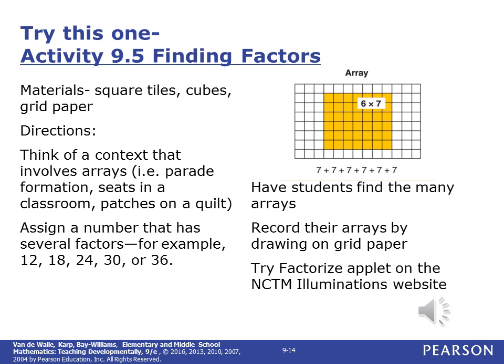Remember, composite numbers have more factors than just 1 and itself. That would define a prime number. And it gives you an opportunity to look at all the different factors and all the different types of arrays that you can form with a given number. Another great thing for you to try would be the Factorize applet on the NCTM Illuminations website. Remember, that link is immediately accessible within your Blackboard shell.